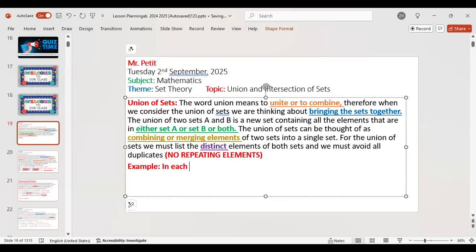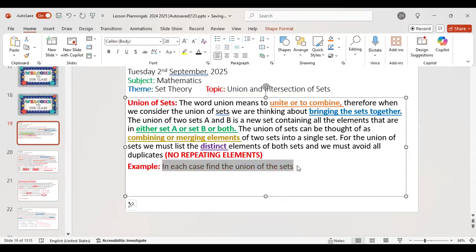So example. In each case, find the union of the sets. So in each case, we're going to actually do it. We're gonna find the union.